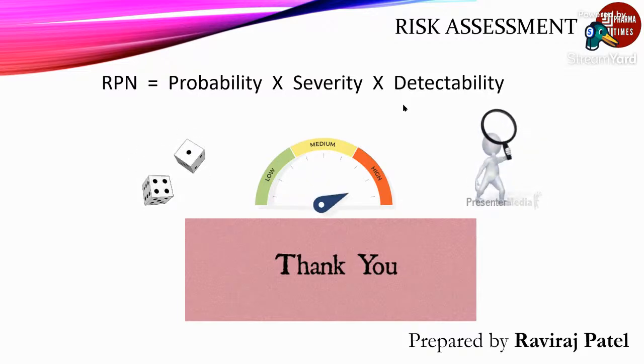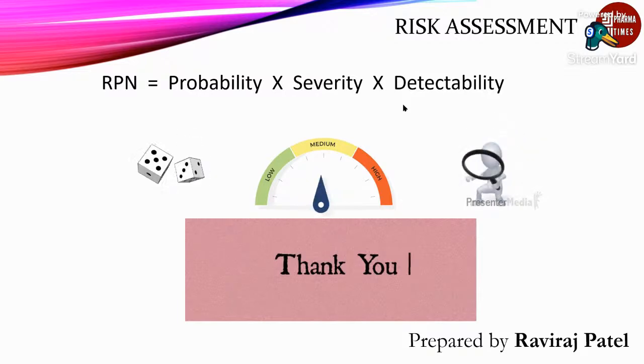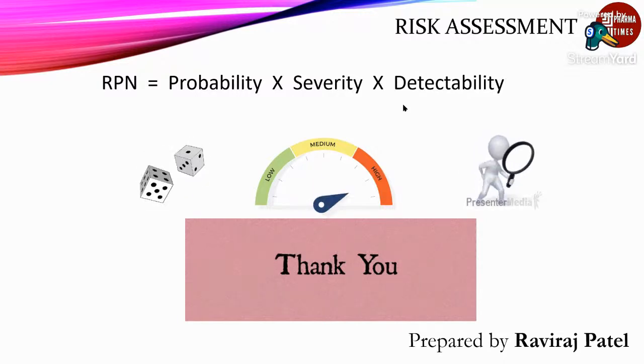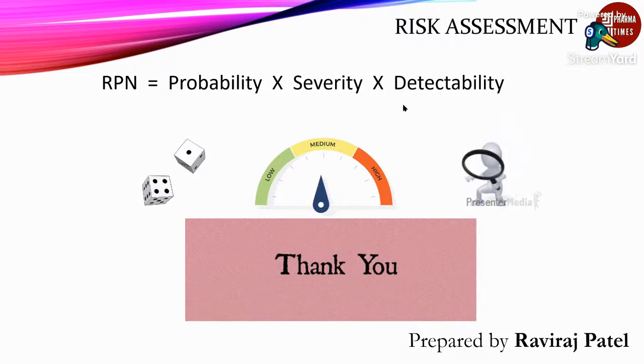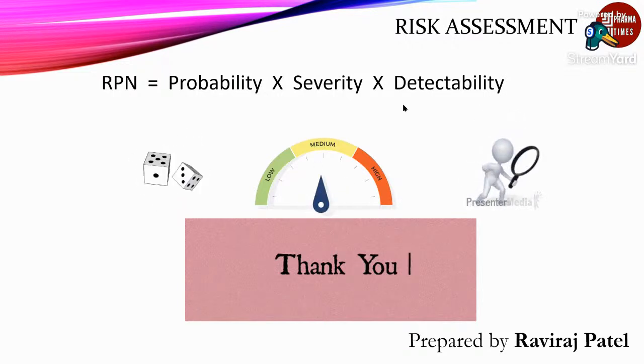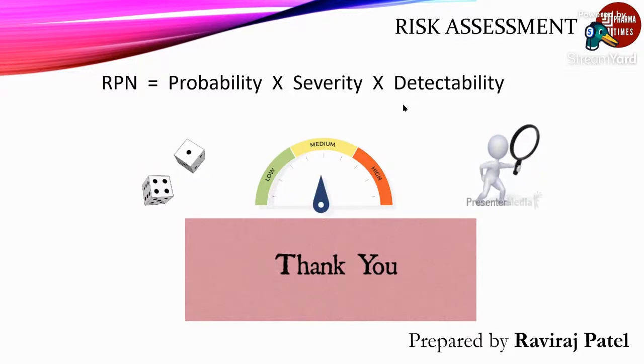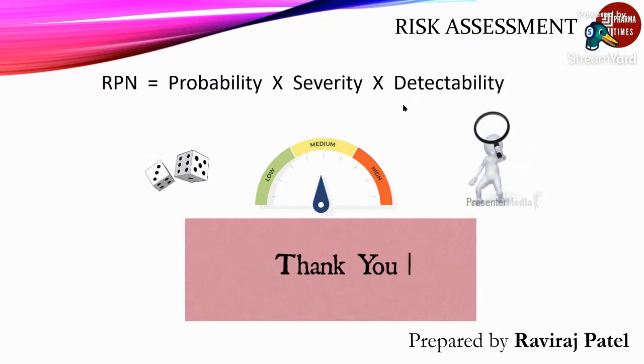These are some categories, but the whole scenario is that you have to multiply probability, severity, and detectability. Based on this multiplication, you get the RPN number, or we can say the risk priority number.